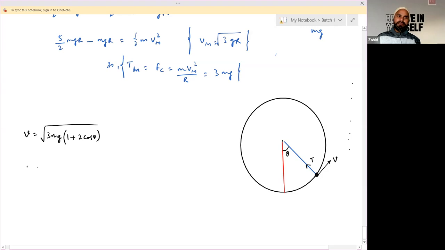And tension at this instant will be 3 m g (1 plus cos theta).